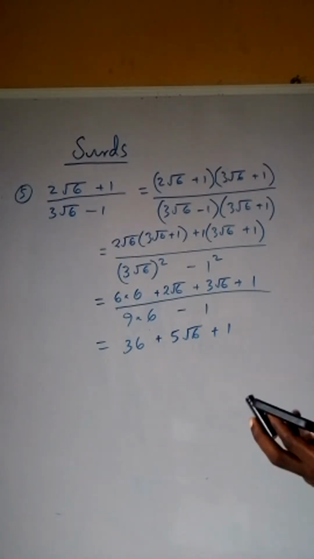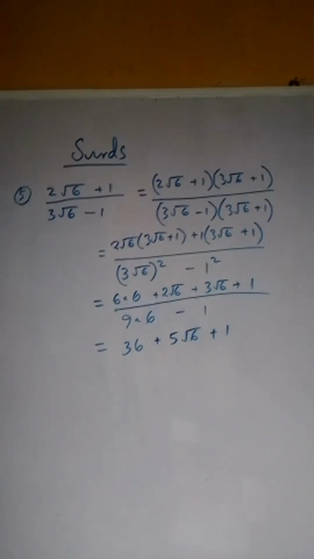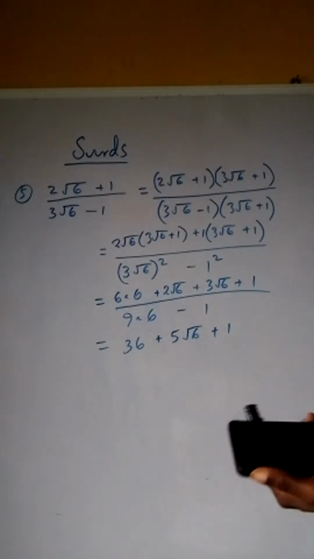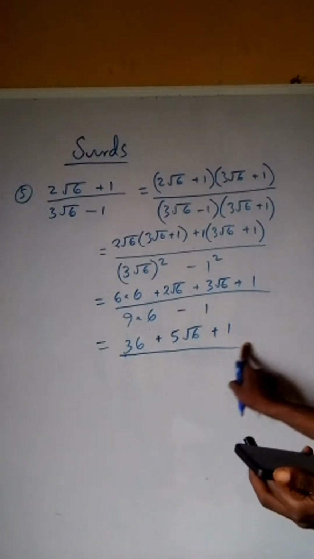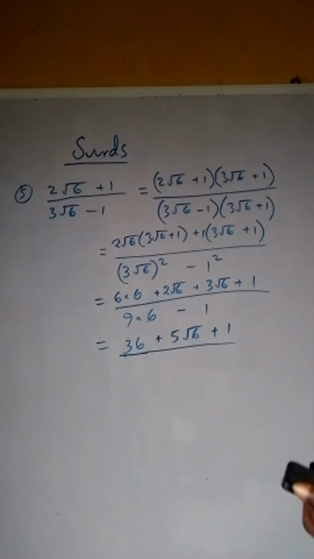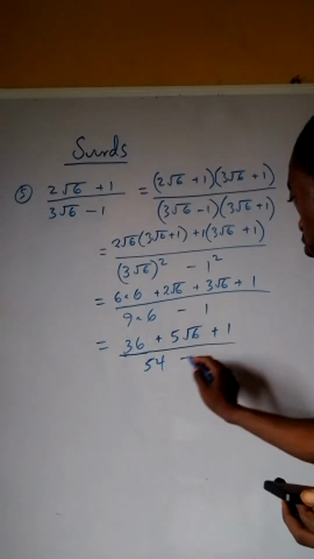Which implies here we have divided by 9 times 6, that gives us 54 minus 1.